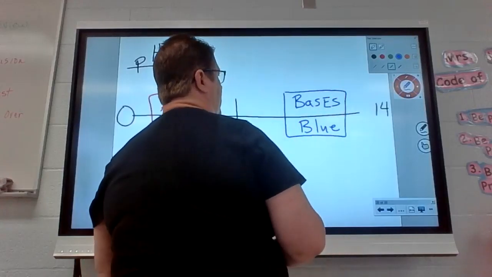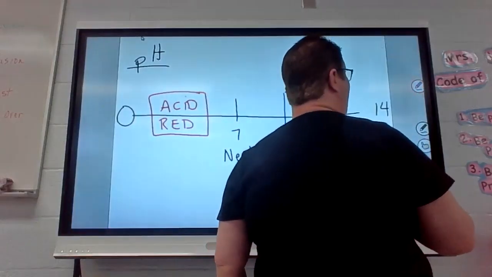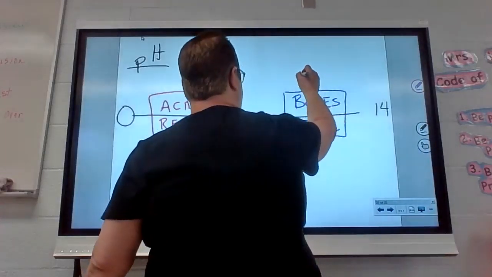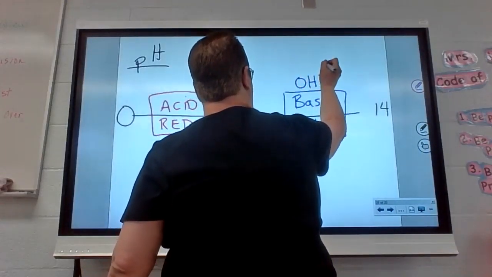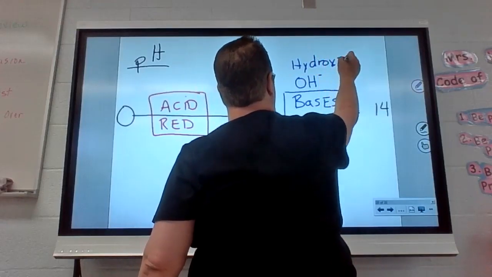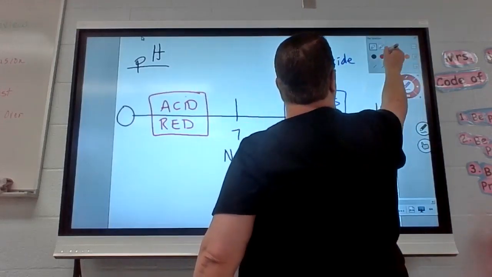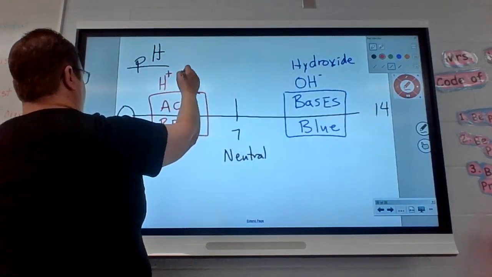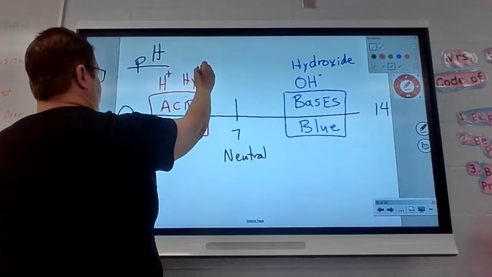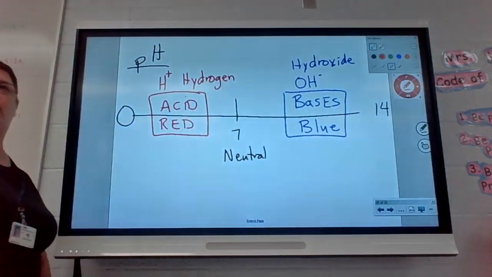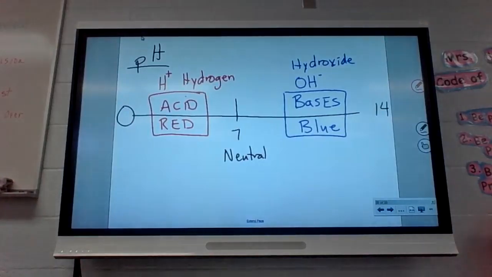Now, if they talk to you about an ion, bases have OH or hydroxide. Acids have hydrogen.